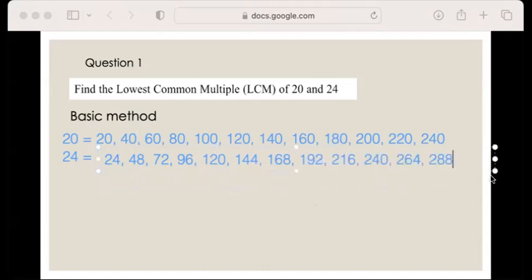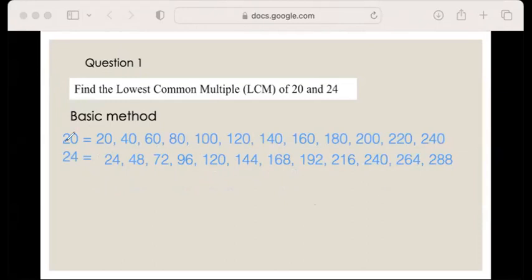Right, so now we have the first 12 multiples of 20 and the first 12 multiples of 24. When you look at this, you can see that some of the multiples of 20 and 24 are the same. We see similar numbers.